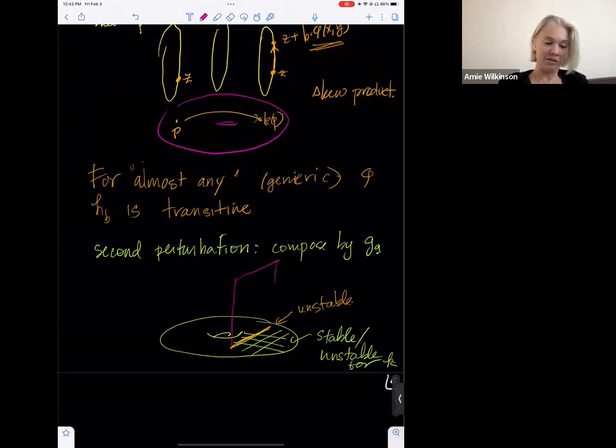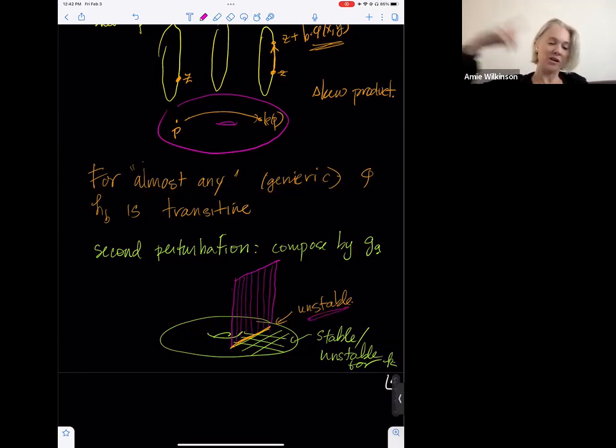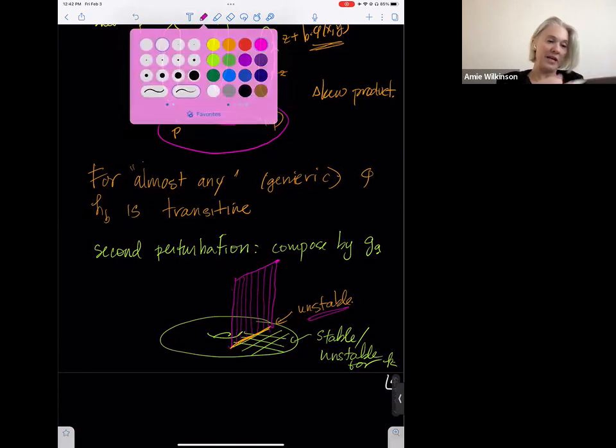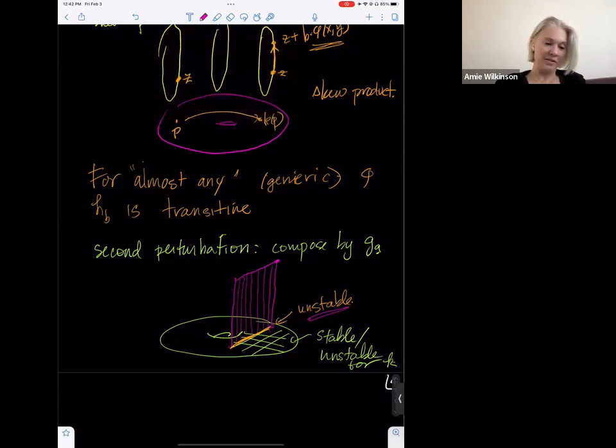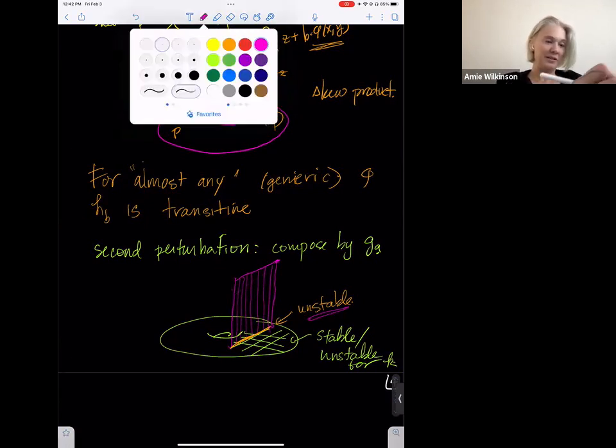And it turns out the specific form of GA really is not important. But let me just draw, this is kind of a slice of the torus over a piece of this unstable line. This unstable line winds densely. But I'm just going to draw a little cylinder, right? These are all circles. Okay, the dynamics of H does something like this.